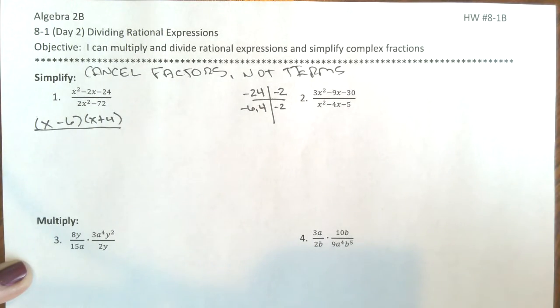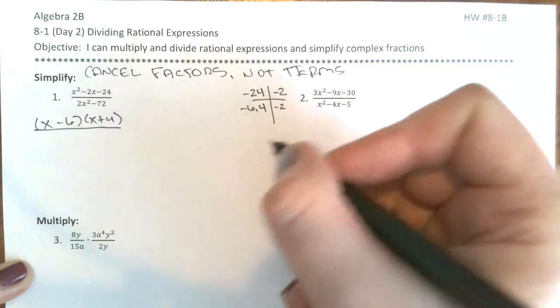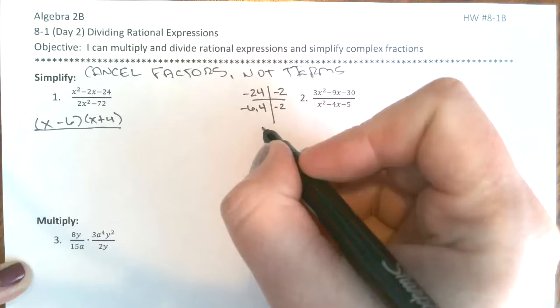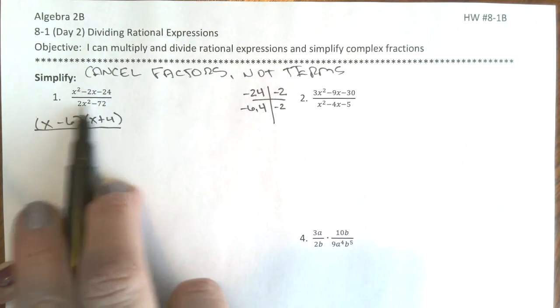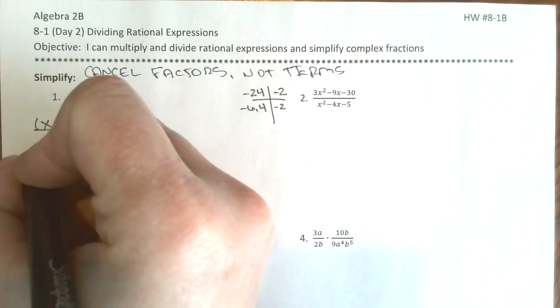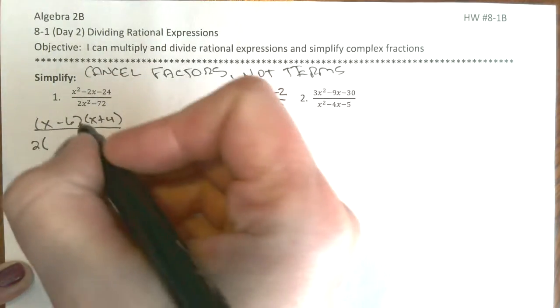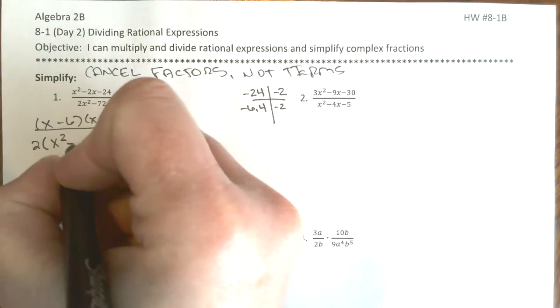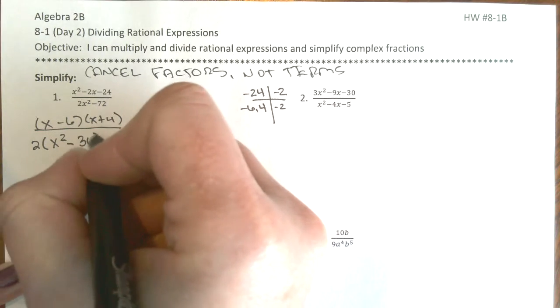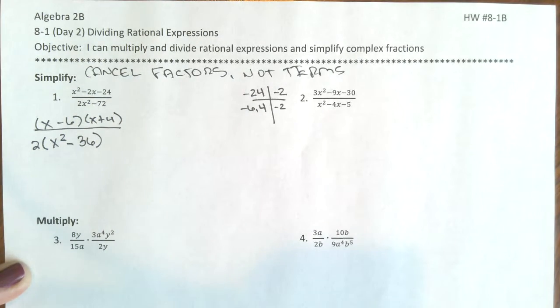The denominator. You always need to take out a GCF first if you can. So 2 and 72, they have a factor of 2 in common. So I'm going to factor a 2 out of that. And that leaves me with x squared minus 36.